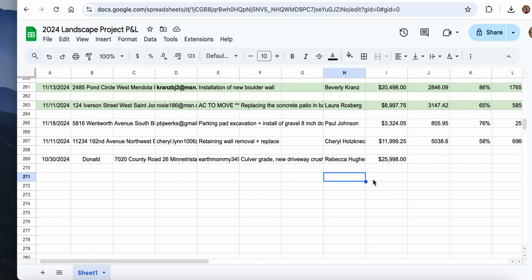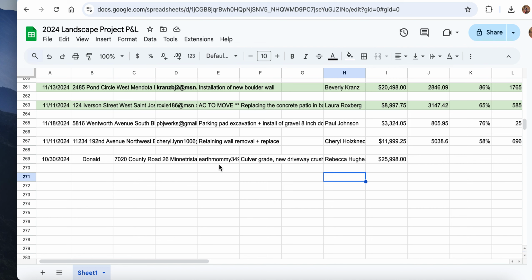So if there was $10,000 of concrete work, this would get changed to $15,988 on the landscape P&L, for $15,988 of landscape work and $10,000 of concrete.